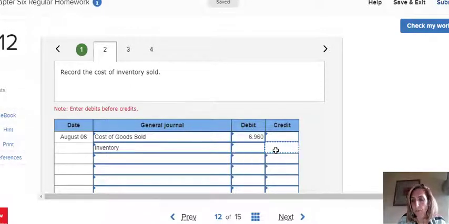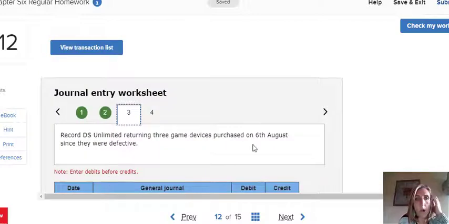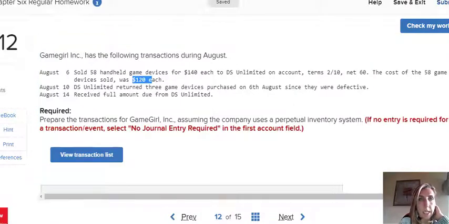Now the next journal entry will reflect that the customer, we are the company called Handheld Game Devices. Your customer is DS Unlimited. Your customer returned a number of units in your problem. Mine says 3 game devices.